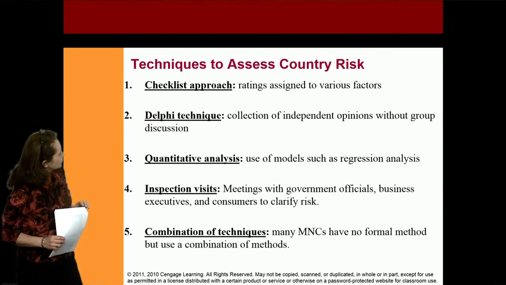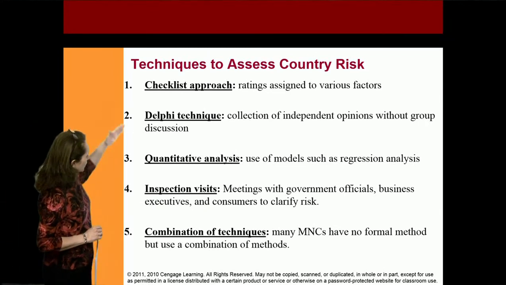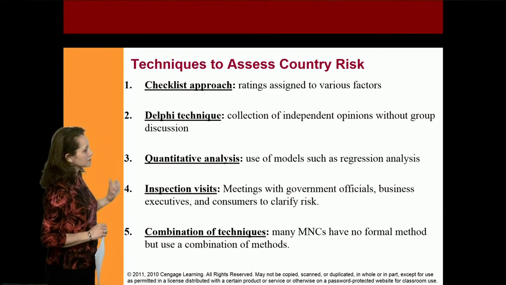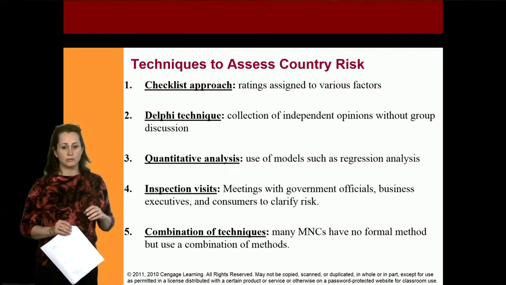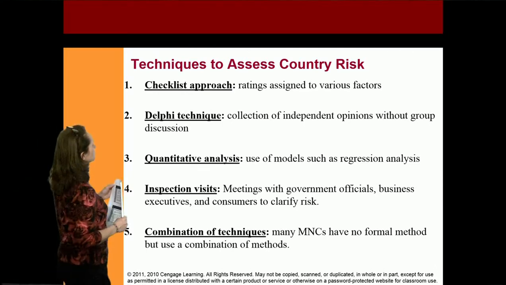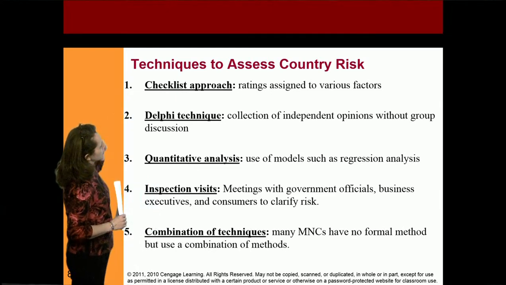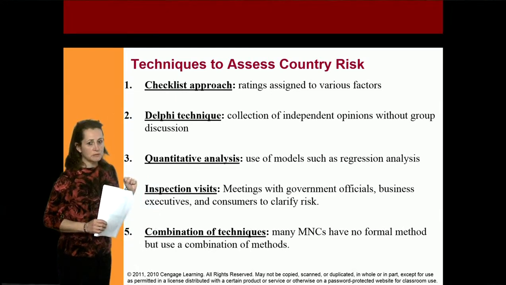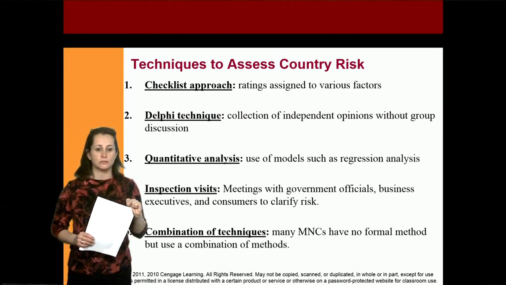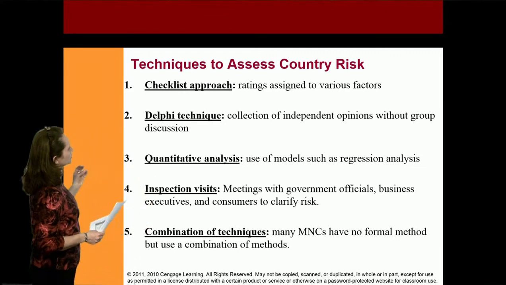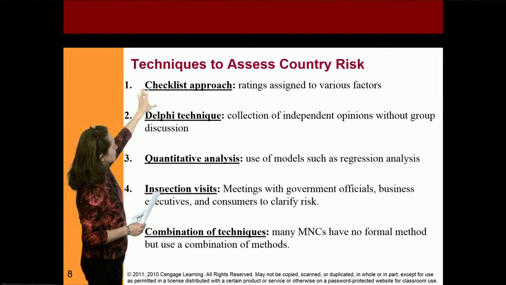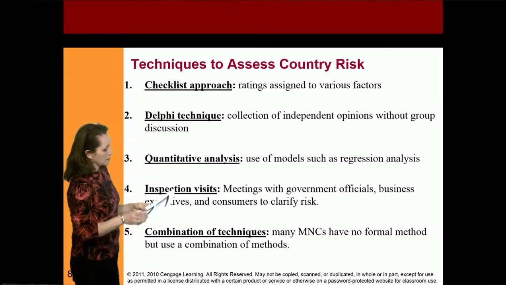So multinational corporations have different ways of using different techniques, either one in particular or combining all of them. So let's talk about the first one. The first one is the checklist approach, which is taking a rating assessment depending on different types of factors. So we talk about economical and political, taking a checklist of specific ratings.